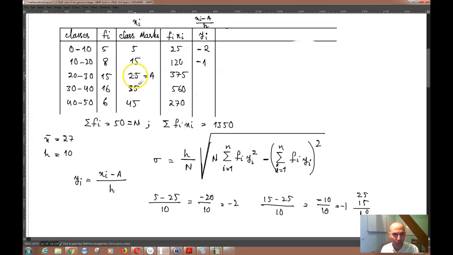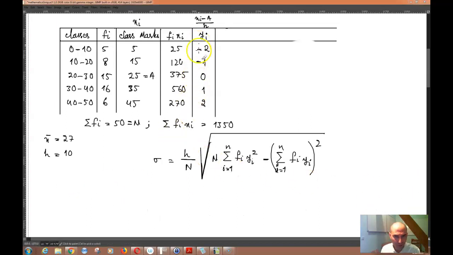Over here you have 25 minus 25 divided by 10, which is equal to 0. 35 minus 25 is 10, divided by 10 is equal to 1. 45 minus 25 is equal to 20, divided by 10 is equal to 2. So that is your y(i).